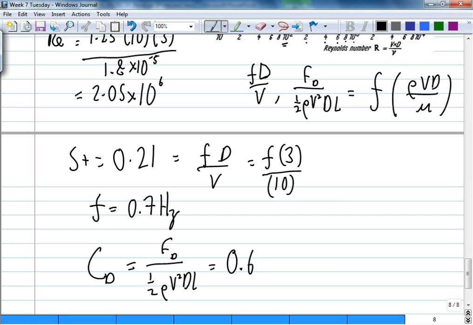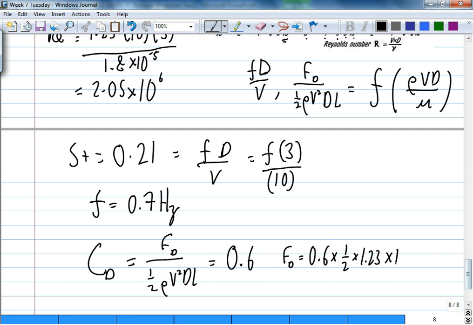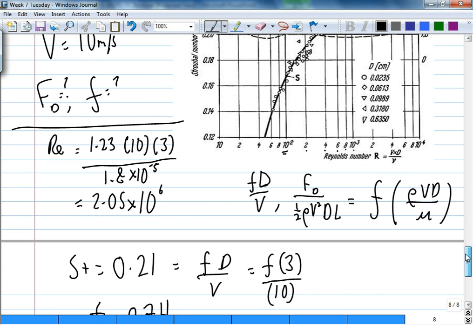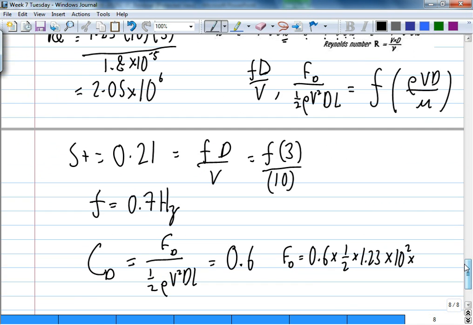Because that graph was done because other people have done the experiments earlier. And therefore FD is equal to 0.6 times half times rho is 1.23 times velocity is 10 squared, diameter is 3, and the length, how long is our cylinder?